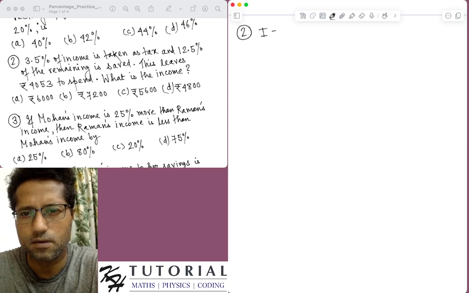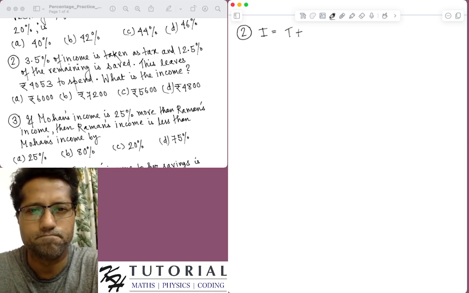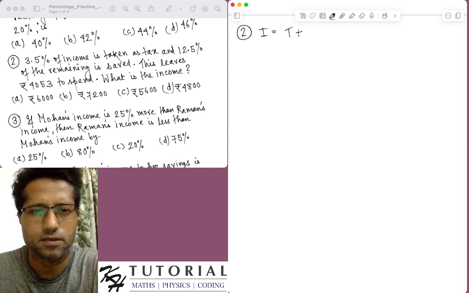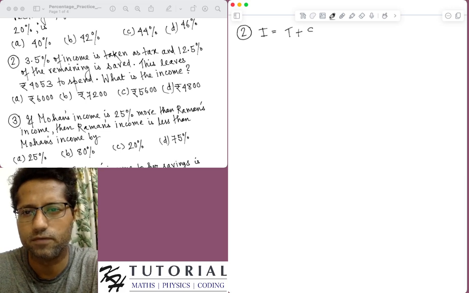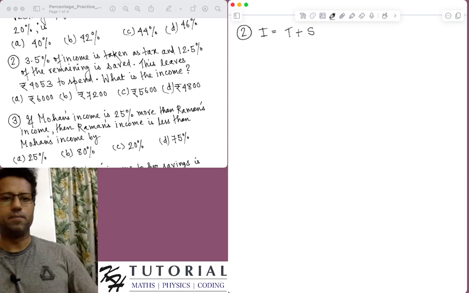So income will be equal to tax plus saved, and this leaves the rest to spend.